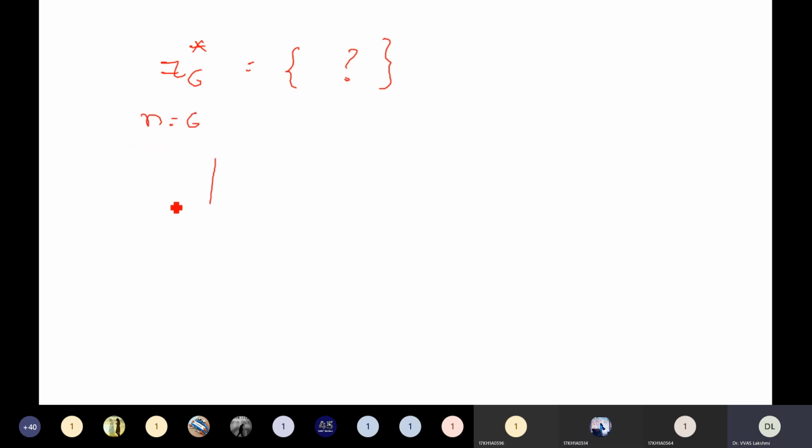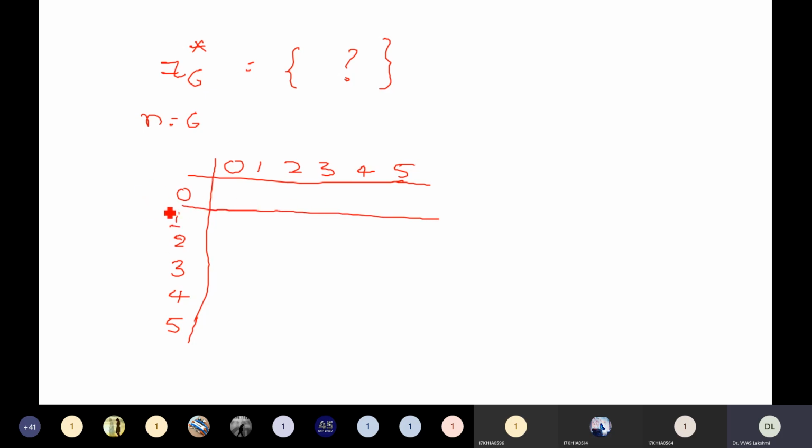That's why we will take a table, and it will contain the values 0, 1, 2, 3, 4 and 5. Here also 0, 1, 2, 3, 4 and 5. So all of you fill in these values and find which elements satisfy the multiplicative inverse condition.